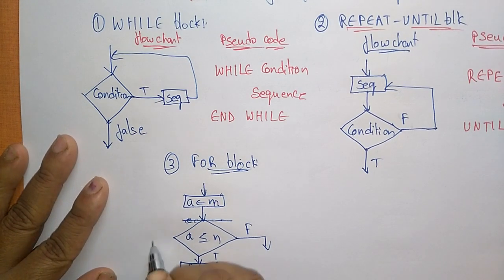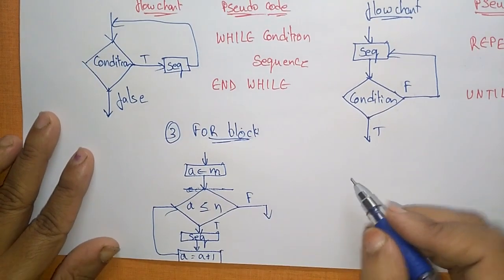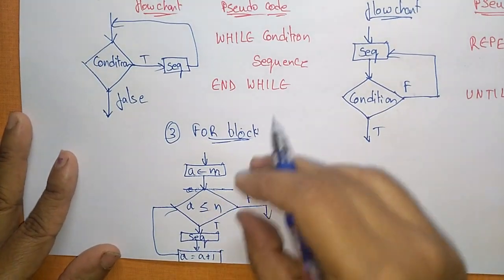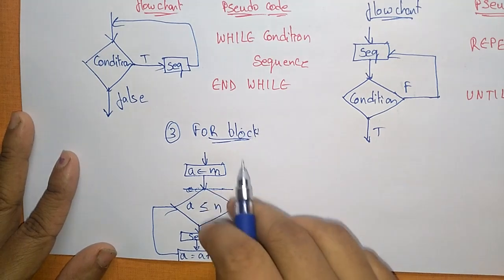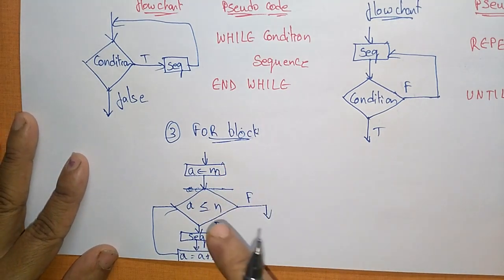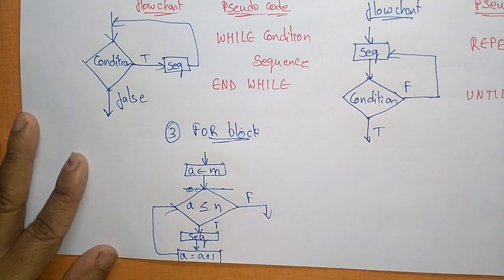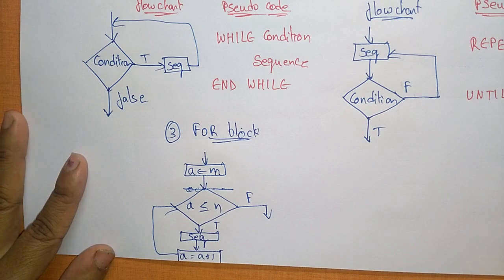If it is false, the loop ends. After that it again takes the next value, as long as A is less than or equal to N. So first read the values, then check the condition, and the loop rotates until the condition is no longer satisfied.